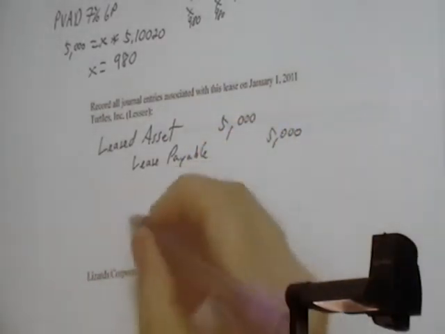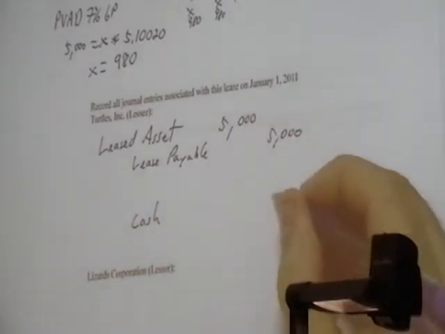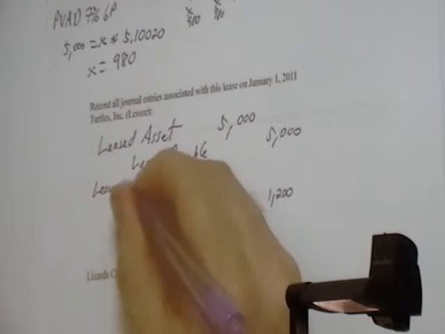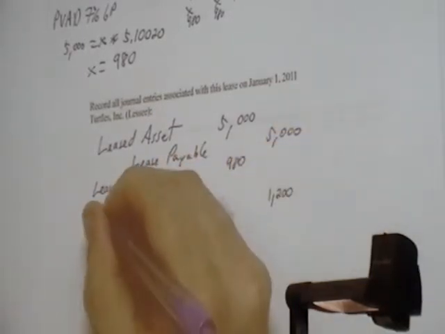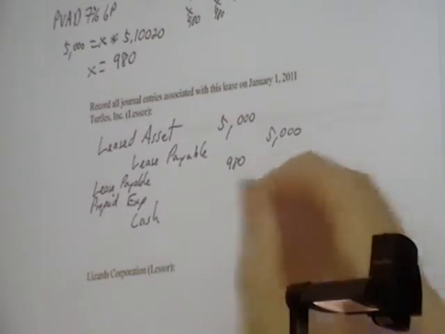They're also going to make a payment on the same date, so they're going to make a cash payment of $1,200, and then $980 of that is going to go to reduce the lease payable, and then the remainder is going to go to some kind of a prepaid, which is going to be the difference of $220.